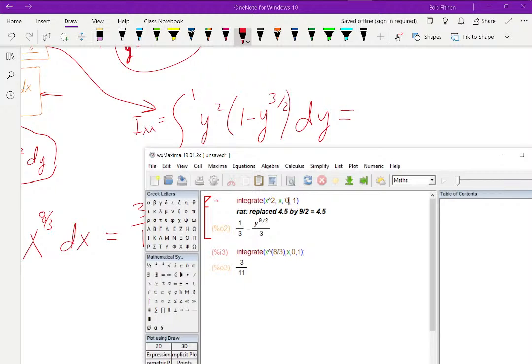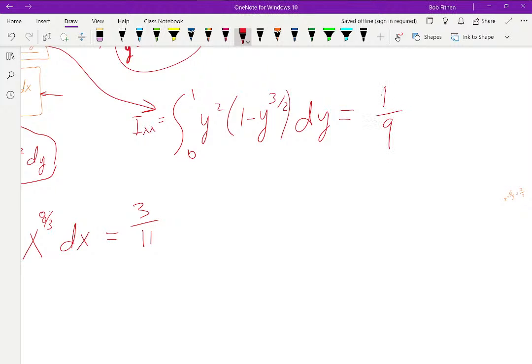I'm integrating with respect to y, and I end up with y squared times 1 minus y to the 3/2. And I believe I have all my things good. Shift enter, 1/9.